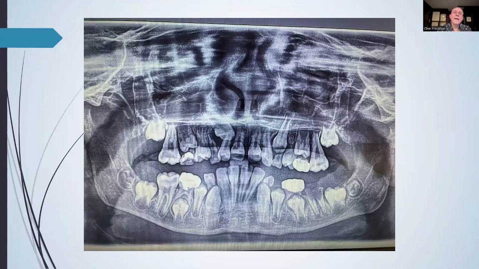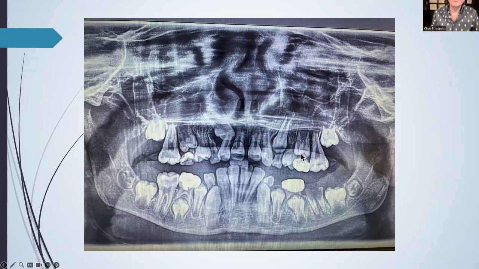Let's have a look at another radiograph that is interesting. So I'm going to point out some of the issues with this radiograph that you might not otherwise be able to discern. So this is a radiograph of an individual in what we would call the mixed dentition stage.